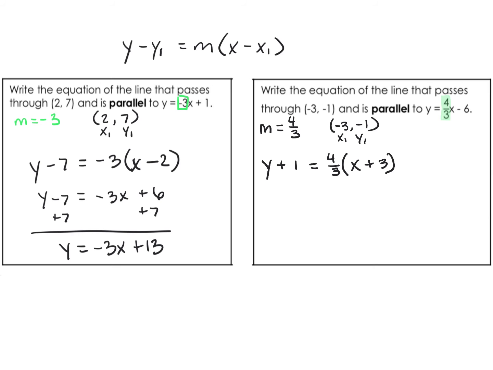And so now we can distribute, so we can get rid of the parentheses. 4/3 times x is 4/3 x, and 4/3 times 3 is 4, so plus 4. And now we just need to subtract the 1 to get y by itself. So y equals 4/3 x plus 3.